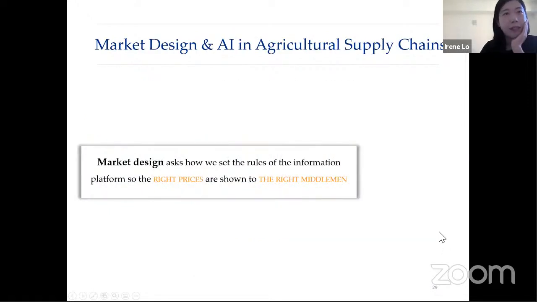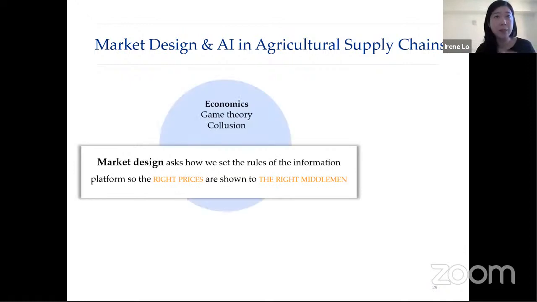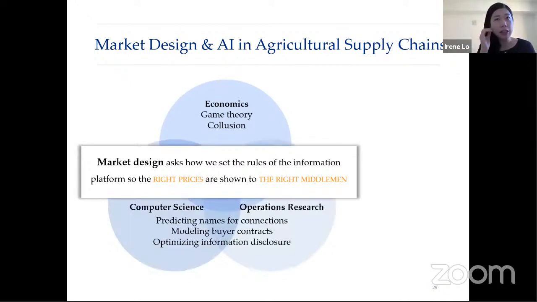Okay, and so for this setting, market design asks how we set the rules so that the right prices are shown to the right people to ensure that everyone wants to share information and that there's no collusion from the more powerful processors. And so from economics, we use game theory and collusion, but also in computer science and operations research, actually in the fieldwork, we need to predict names, because people often use lots of different names to refer to the same person or the same buyer.